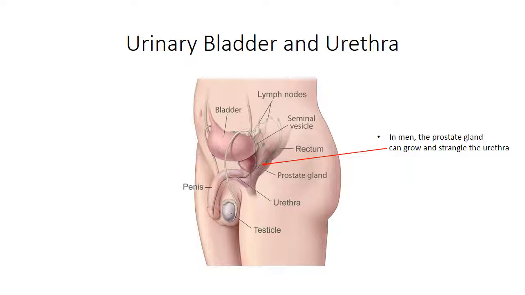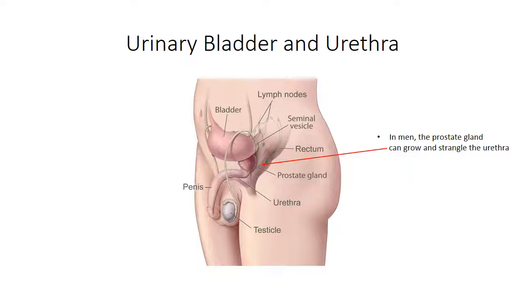Then the remaining part of the urinary system. So we talked about the kidney, we talked about the ureter, and the ureter brings the urine into the urinary bladder. Then from the urinary bladder, during urination, the urine goes into the urethra and out of the body.